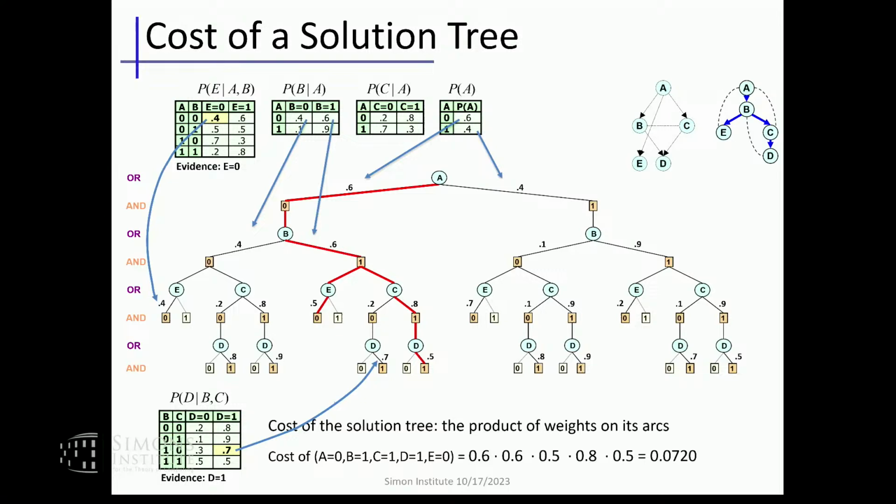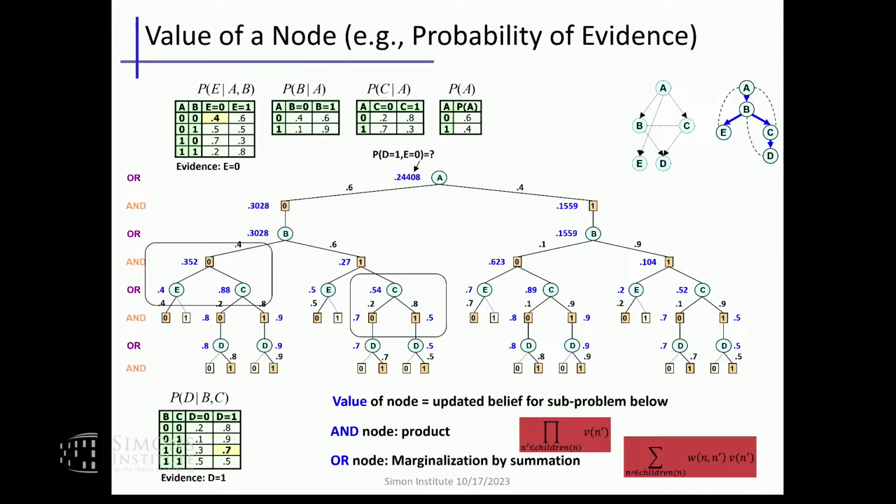And now we can try to explore the search tree or to define on it the task that we are interested in. So for example, if we are interested in the probability of evidence, we can define the notion of a value. The value will be the probability of evidence below each node, and we can compute it recursively from leaves to root using product for AND nodes and summation for OR nodes.